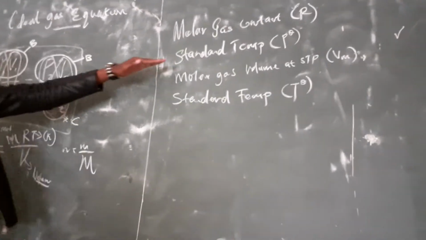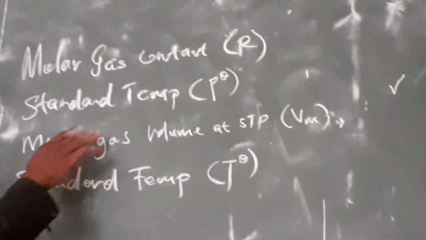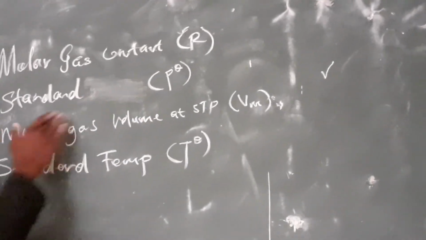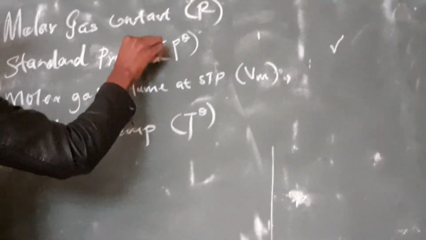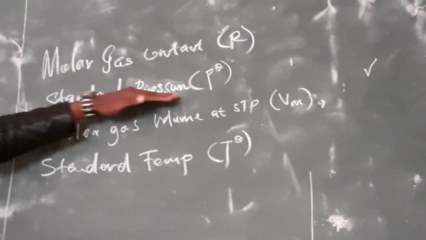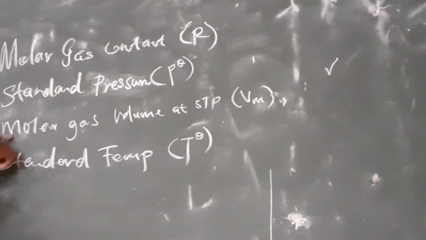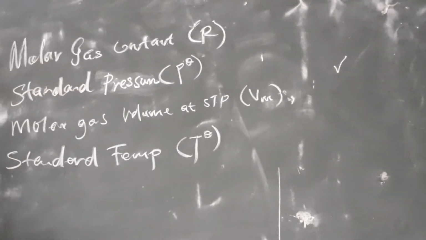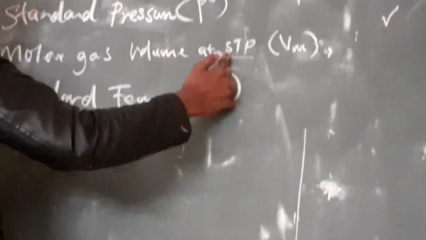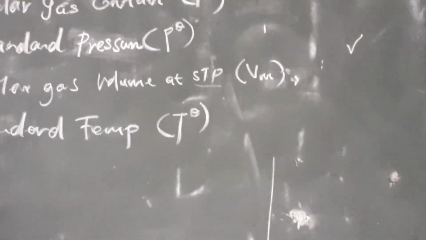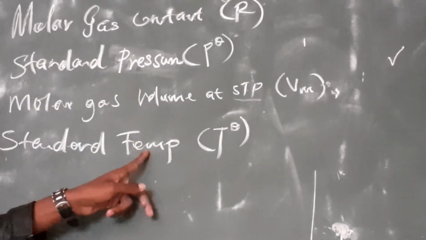And then we have what we call standard pressure. The standard pressure is always given on your formula sheet. And then we have molar gas volume at STP. What is STP? STP stands for standard temperature and pressure, meaning that there is a standard of temperature and pressure.